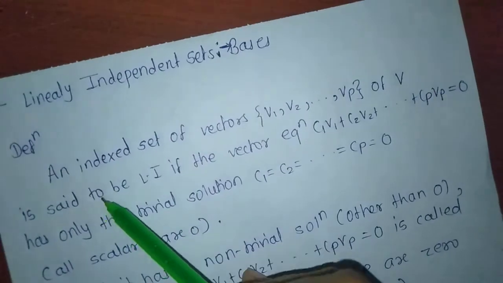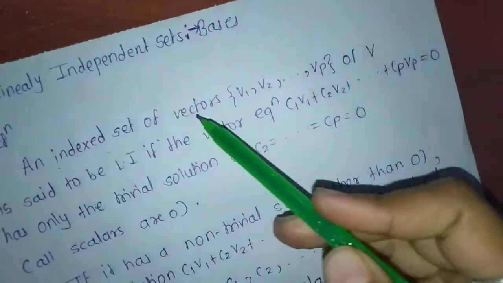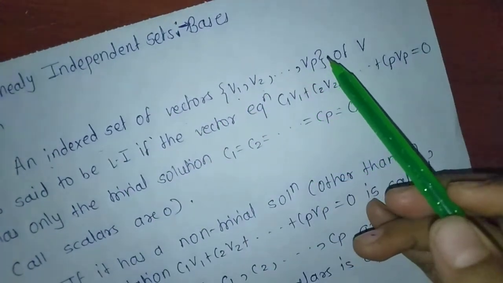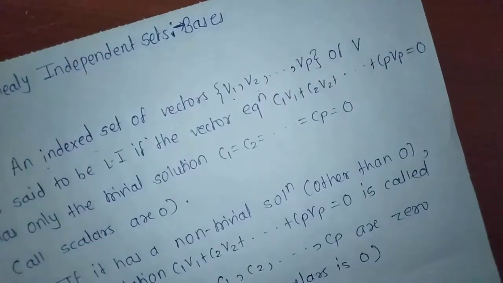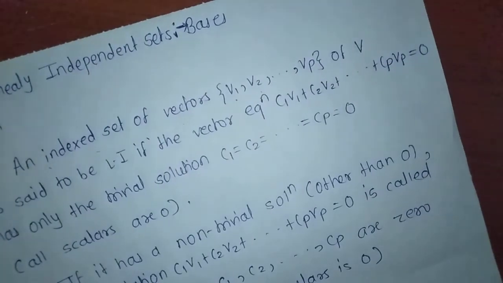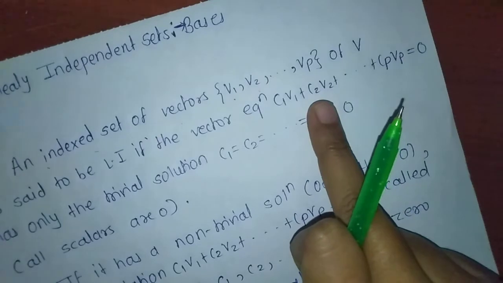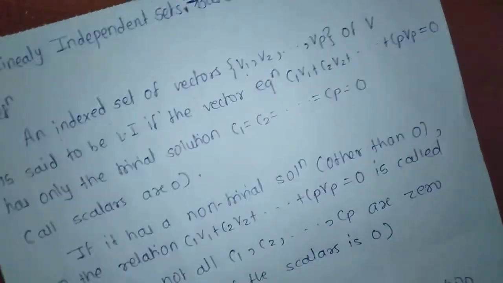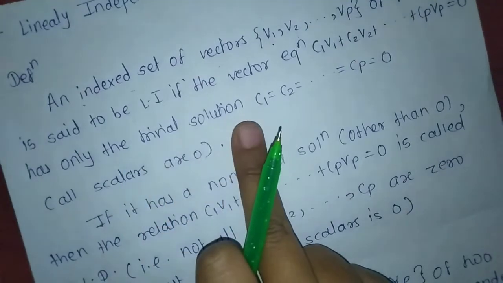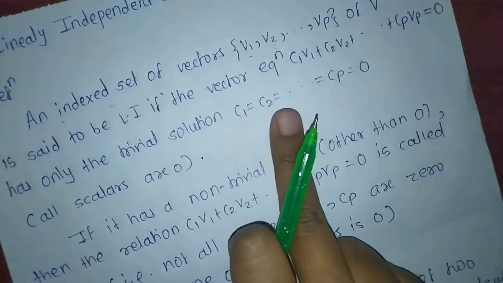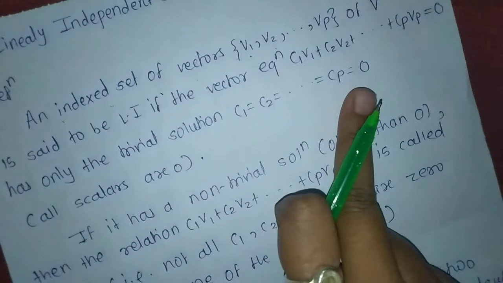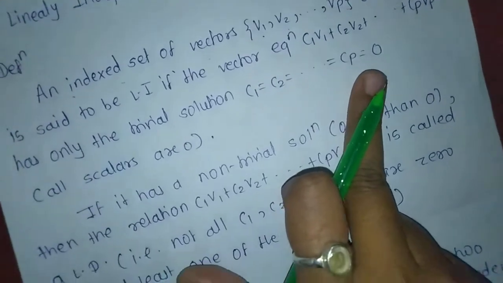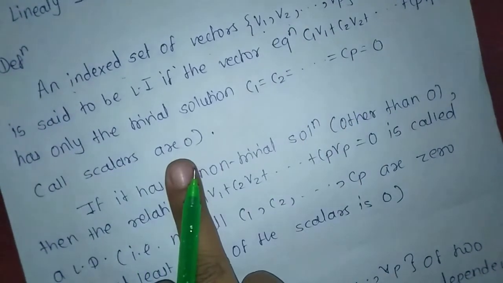Definition: an indexed set of vectors v1, v2 and so on up to vp in V is said to be linearly independent if the vector equation c1 v1 plus c2 v2 plus and so on plus cp vp equal to 0 has only the trivial solution, c1 equal to c2 equal to and so on equal to cp equal to 0, that is, all scalars are 0.